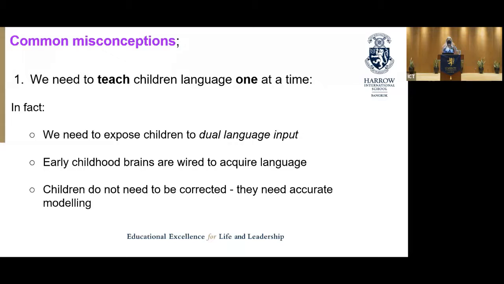If we think about his research, and it's backed by a lot of recent research as well, so it's not contradicted, he believed that there is a biological basis to language. So we as humans, we grow up ready to acquire language.